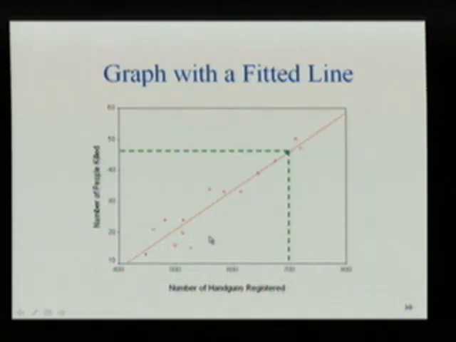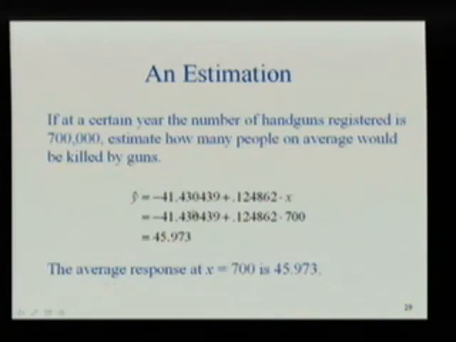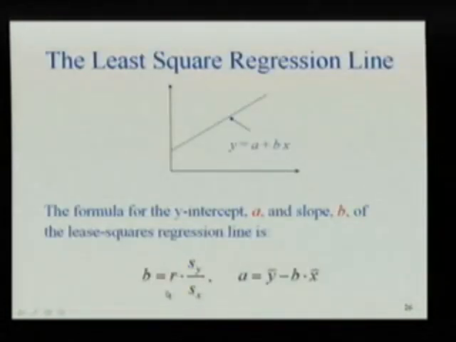Okay, so if you want to find a mathematical formula to describe that relation and later on actually use that line or formula to do prediction, this is the line. Okay, and the equation for that, if you recall, is this. Okay, and how do we get this equation? Again, use this formula here. You need to know the correlation. You need the standard deviation for the x values and y values.